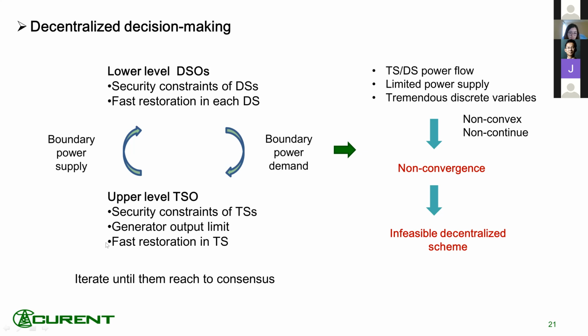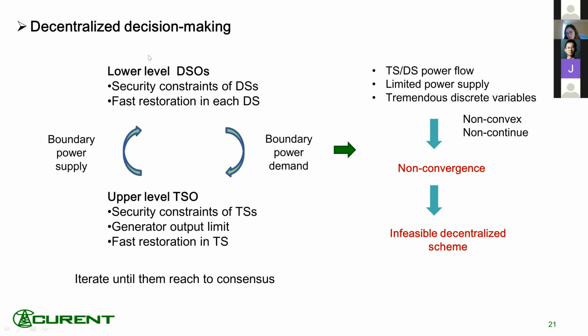And the transmission system operators will consider the power demand from distribution system operators, and also their own problems, to give a reasonable power supply. This iteration process will end until all the system operators reach consensus.